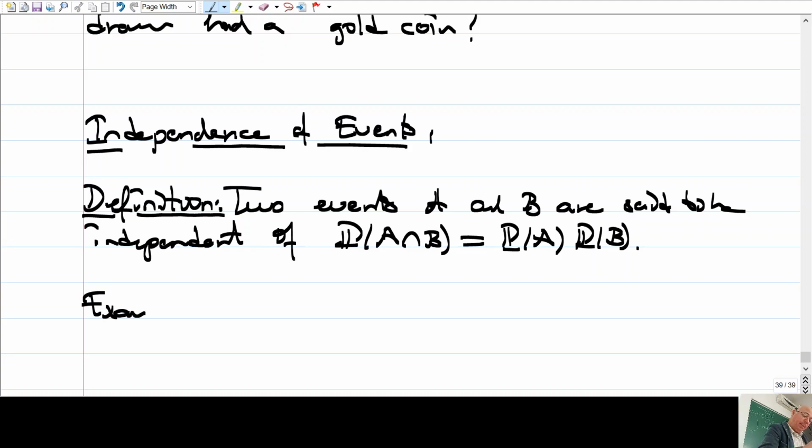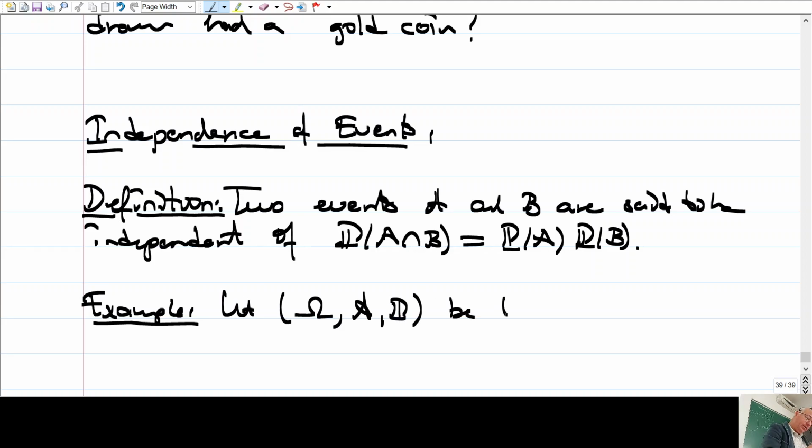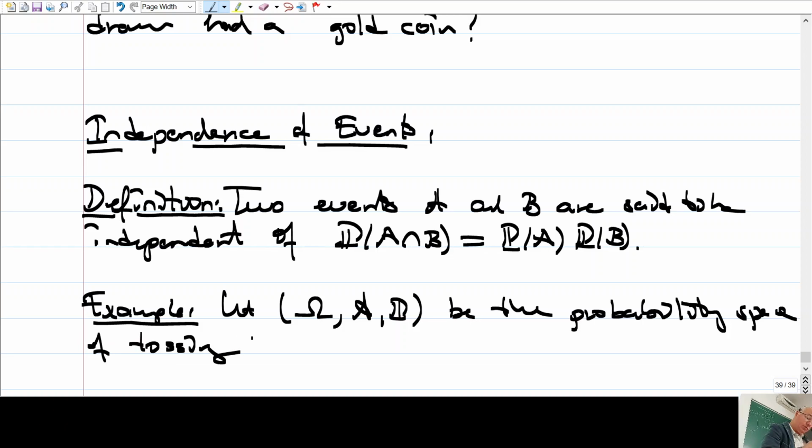Example. Let (omega, A, P) be the probability space of tossing two dice.